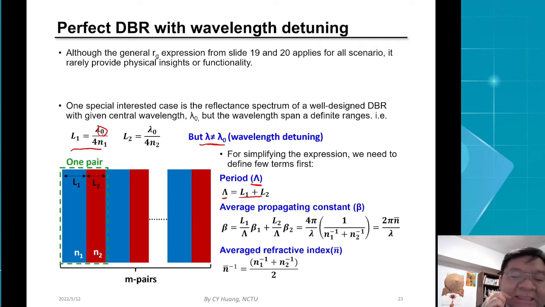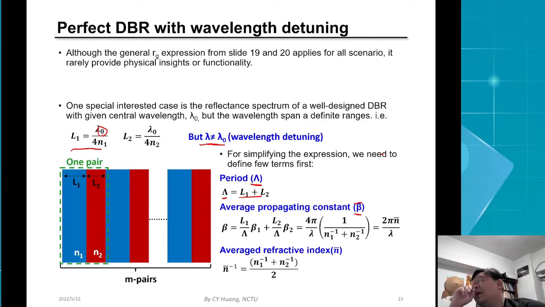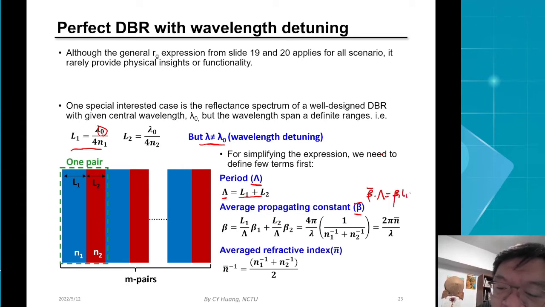Second is the average propagation constant, beta bar. We want to treat the two layers as one, so we'd like to mix the two properties together. We assume the average propagation constant times the whole period should be equal to beta 1 L1 plus beta 2 L2.